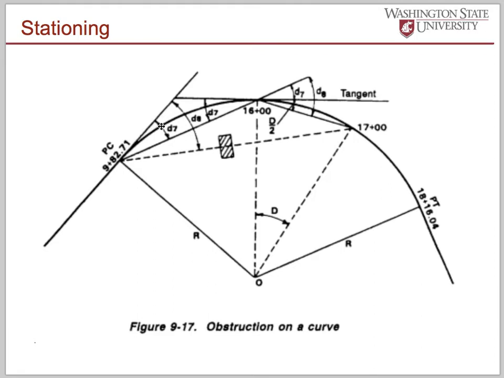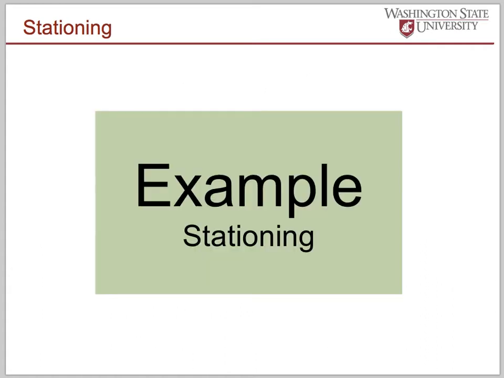Then we move along until you get 16+00, so that's 1,600 feet, move to 1,700 feet, and then the point of tangency here is 1,816.04 feet. The start of this would be back down this line, the start of that specific job site. It's used fairly frequently, and again we have another example that we'll cover when I get back.